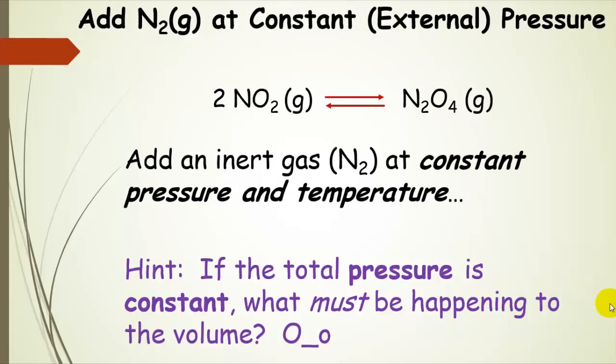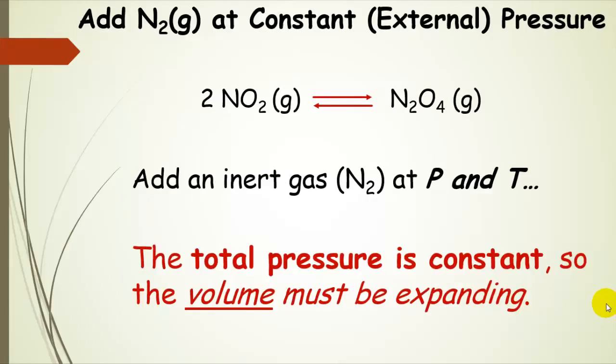As we add this gas at constant pressure and temperature, so we're keeping P the same, we're adding gas but the total pressure stays the same, so what has to be happening to the volume? The volume has to be expanding to accommodate that gas. If we keep the total pressure constant, then we must be increasing the volume. So it's kind of a sneaky way to increase the volume of a system.